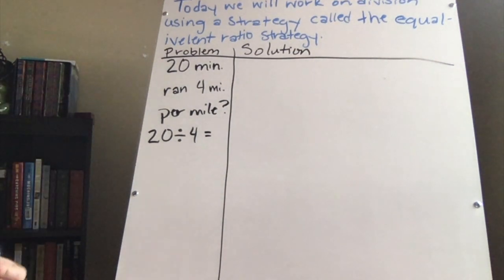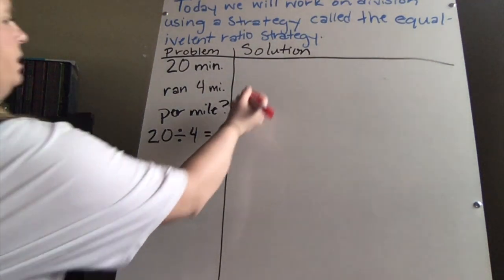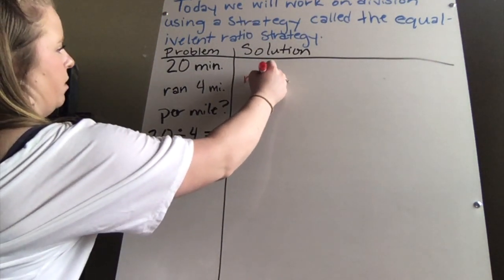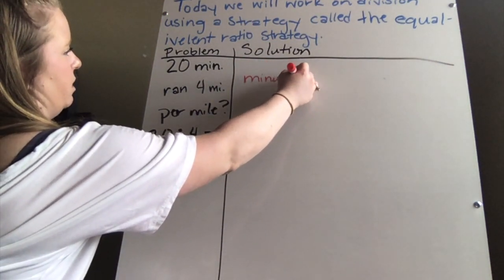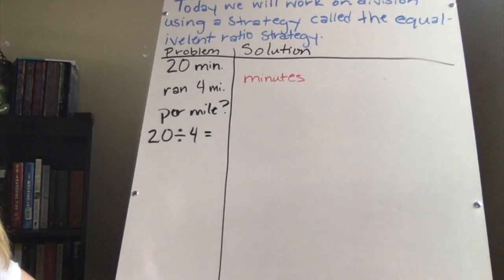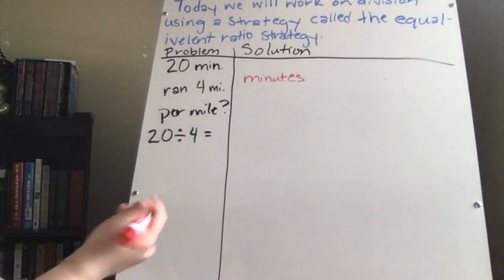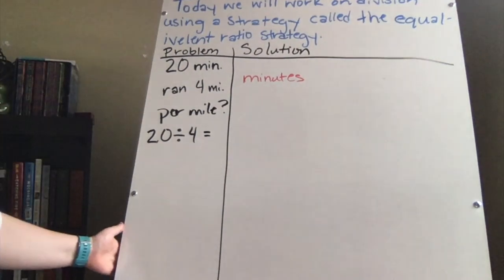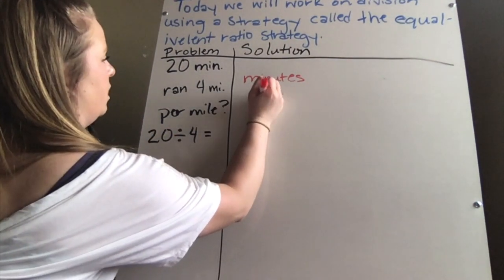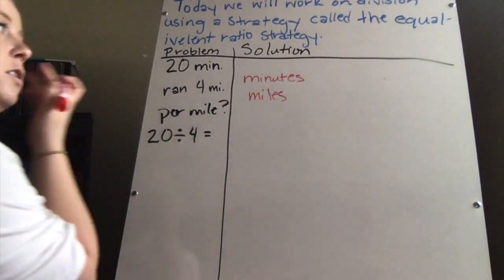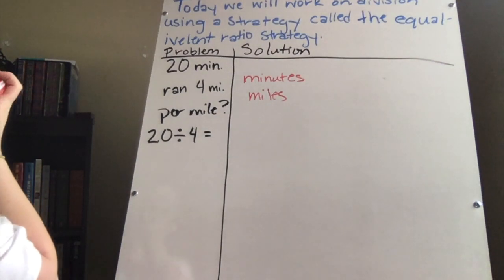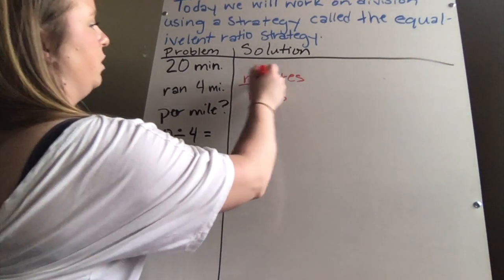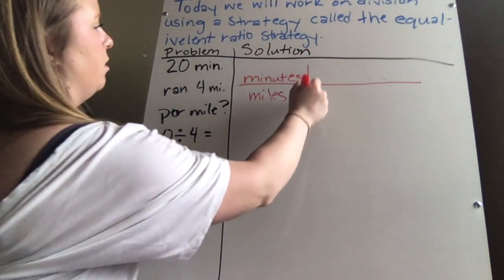All right, so I'm going to do minutes on top. And you can switch these around, but you have to make sure that you have the information together. Miles on bottom. Like I could do miles on top and minutes on bottom. You just have to know how to read the table.